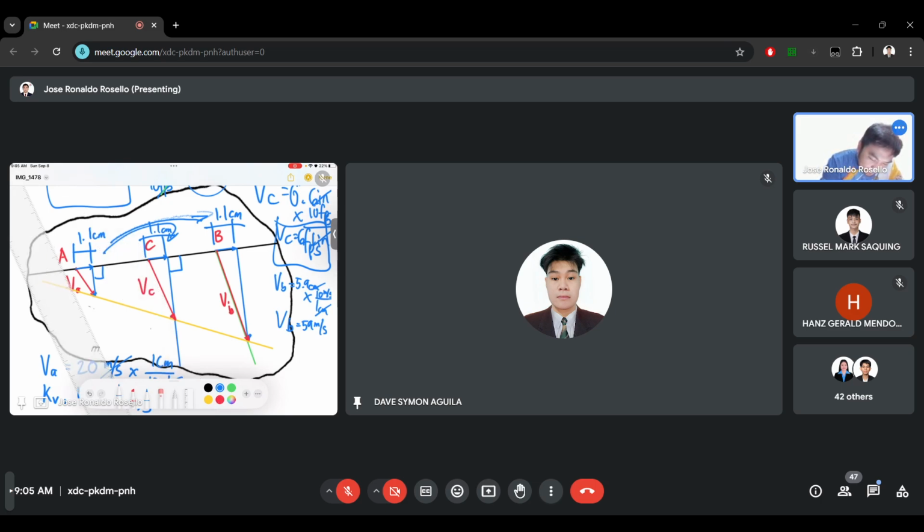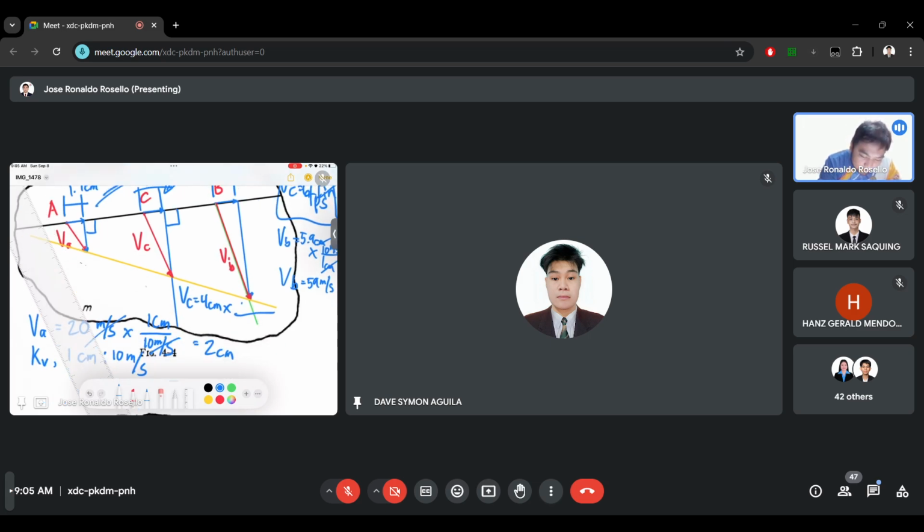Velocity C is equal to 4 centimeters multiplied by our velocity scale, our kV. And for every 20 meters per second, we have 1 centimeter. Cancel the centimeter unit. And now we will have 80.